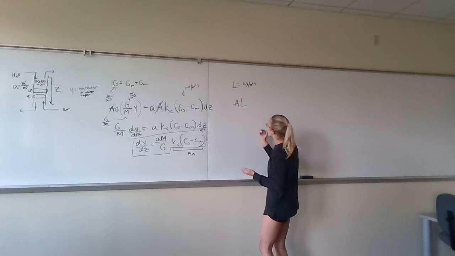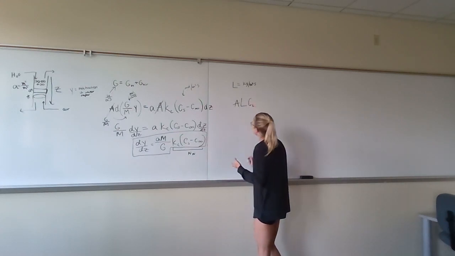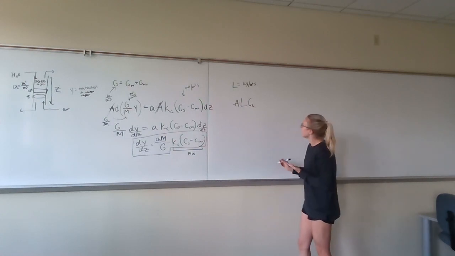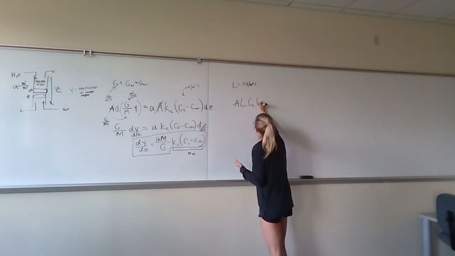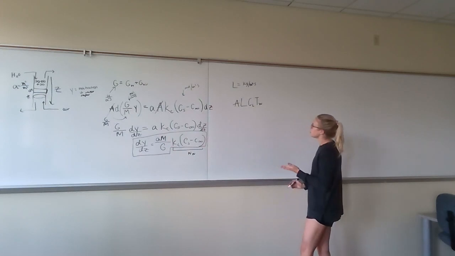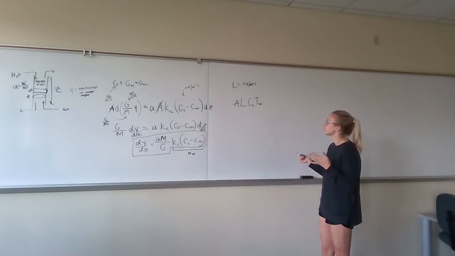And then we can multiply this by the heat capacity of the liquid, Cl, and then also multiply this by the temperature of the water. So this will give us the enthalpy of the water that is flowing through the column.